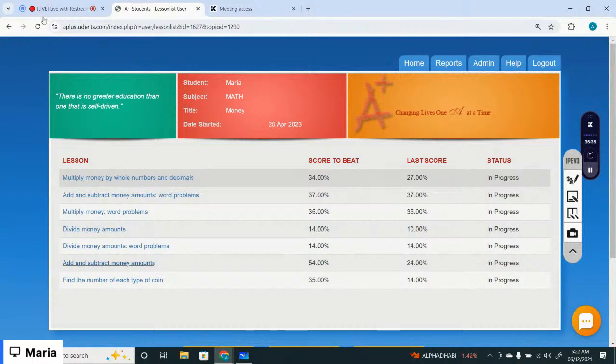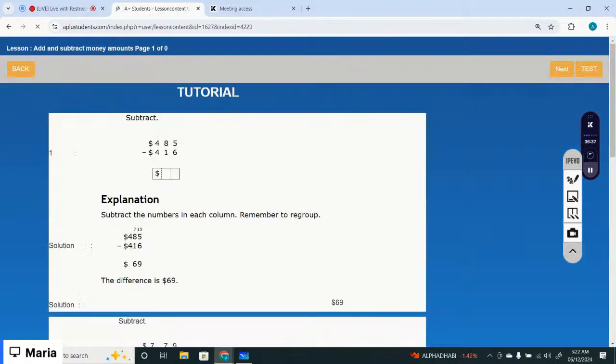The next lesson is add and subtract money amounts. You have to subtract 485 take away 416. So you have to subtract the same way you do with the numbers, right?